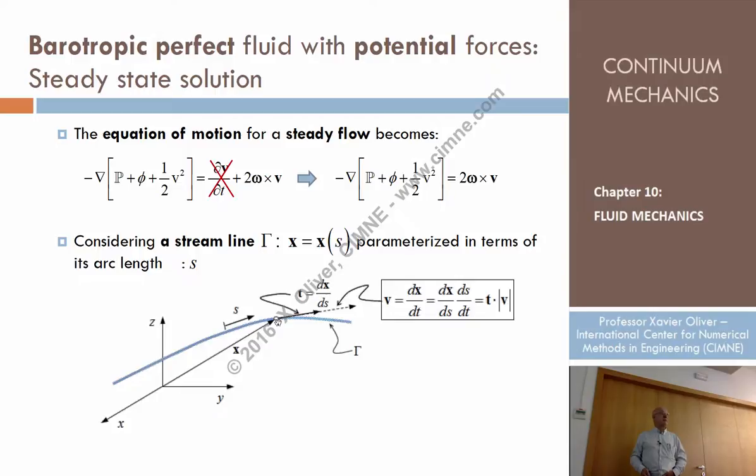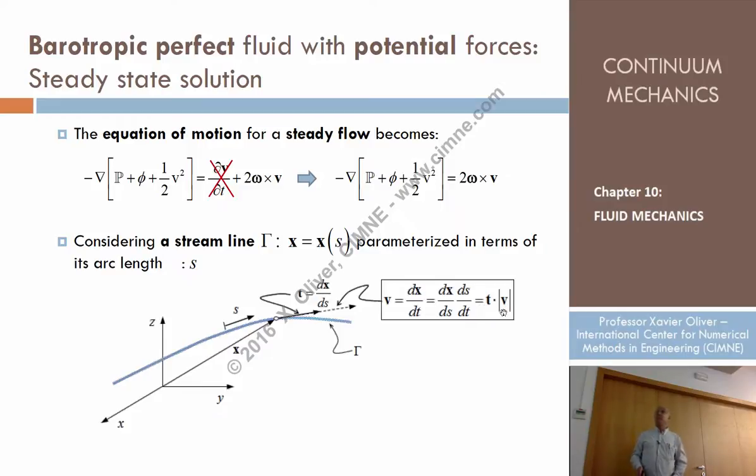They are tangent to the line. So that tangent and the velocity are parallel. If that vector has modulus 1, normalized, we can say that the velocity of the particle at this point can be written as this tangent vector, dx/ds, times the modulus of the velocity.